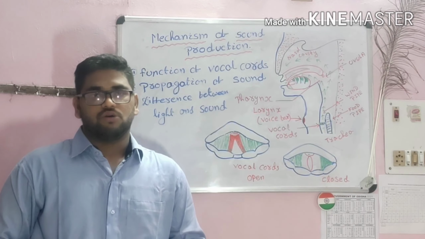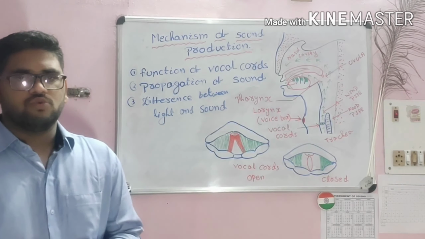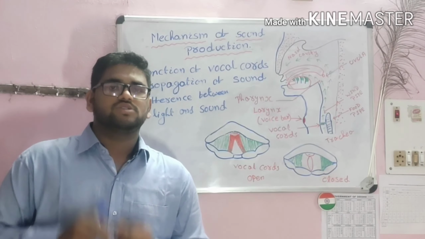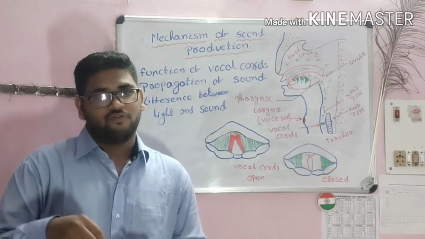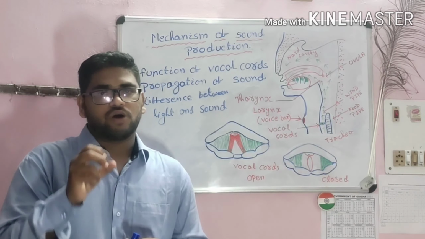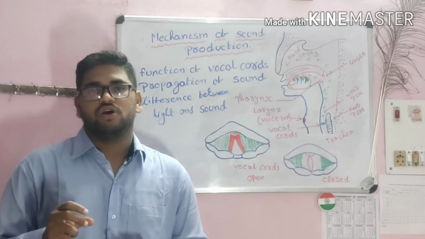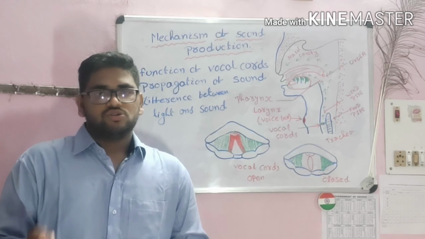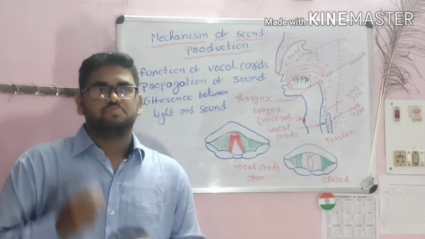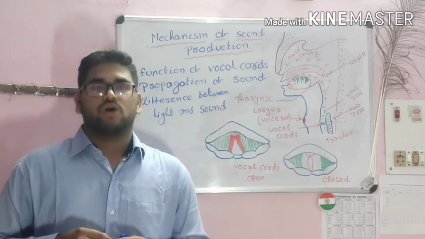That will produce sound. And as in the previous video, we learned the main reason behind production of sound is vibration. That must be the vocal cords vibrating so that we are able to speak. So, the main mechanism behind speaking is vibration of the vocal cords.